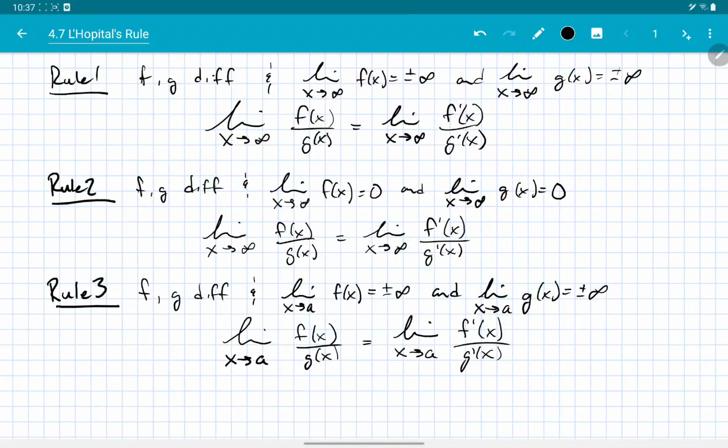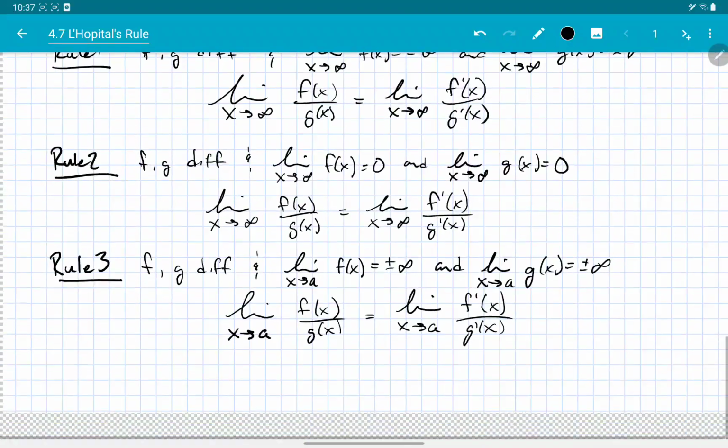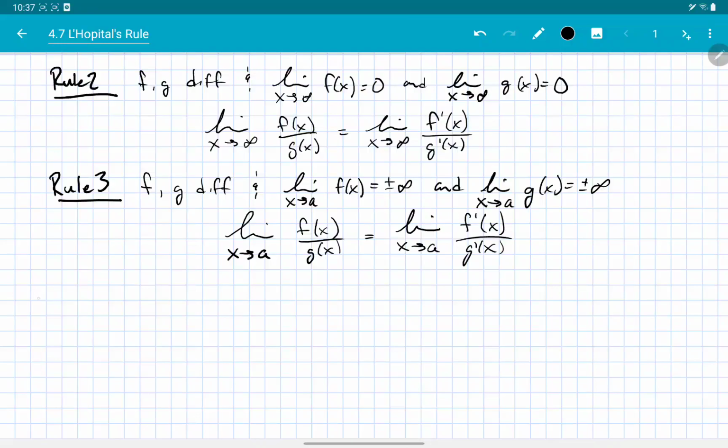All right, let's do a few examples with L'Hopital's rule to see how this works. Let's take the limit as x approaches infinity of 5x plus e to the minus x divided by 7x.